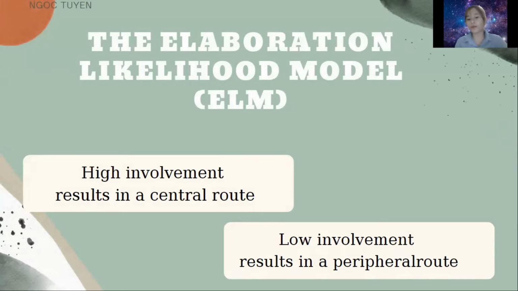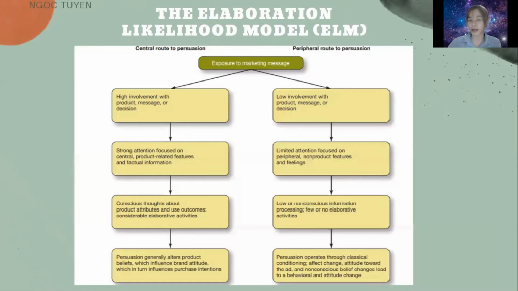Low involvement results in the peripheral route to attitude change, in which consumers form perceptions of the brand based on exposure to readily available cues in the message, regardless of their relevance to the brand or decision. And here is the ELM model, as you can see on the screen.